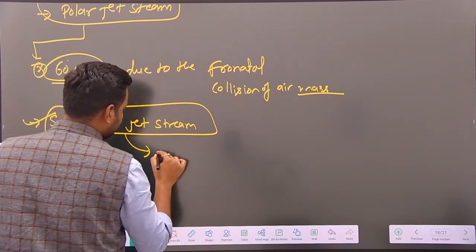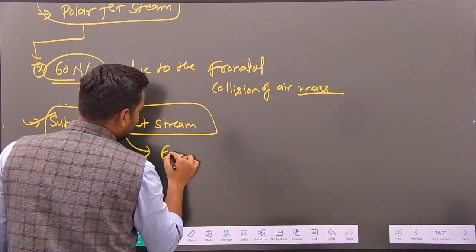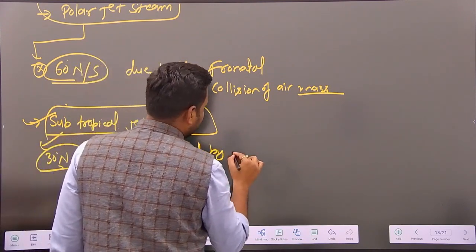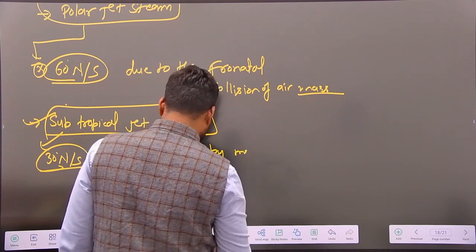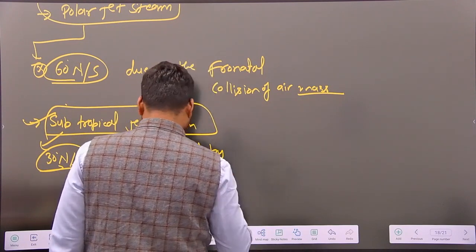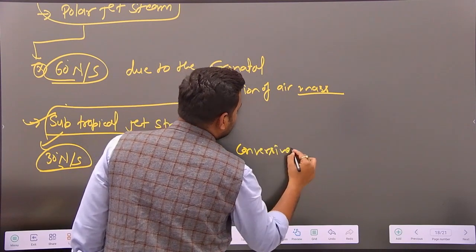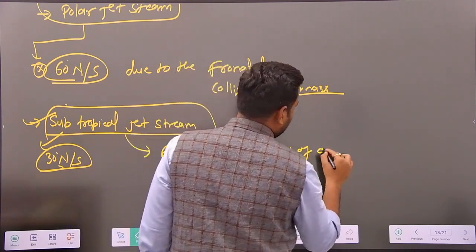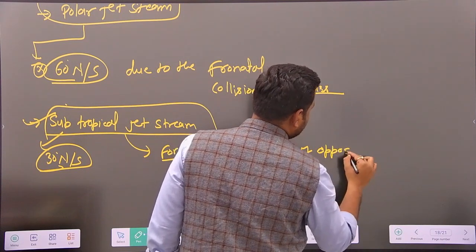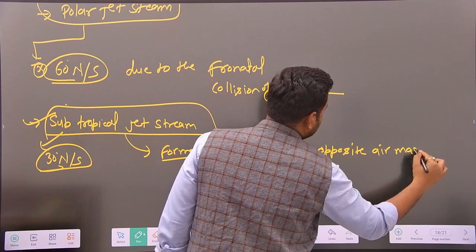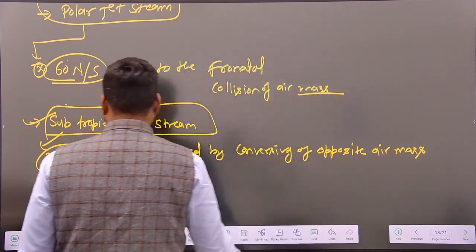They are formed by the converging of opposite air masses.